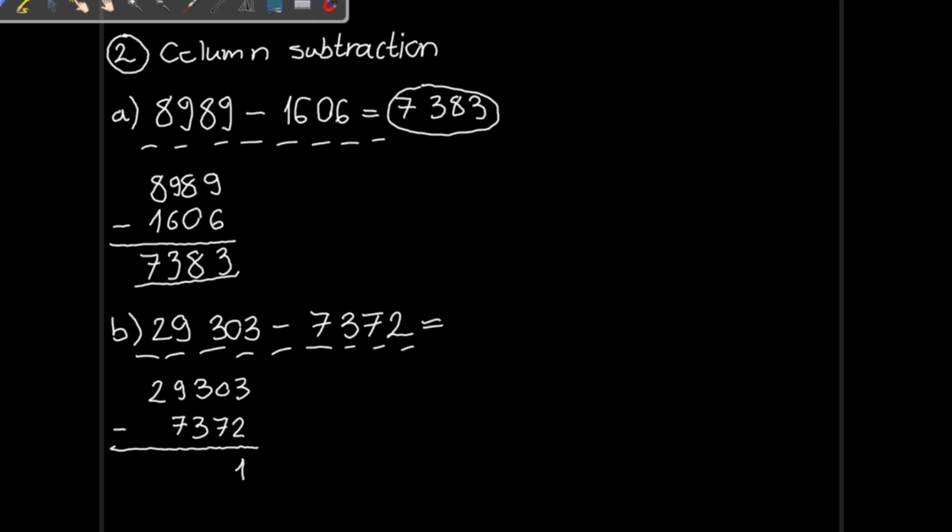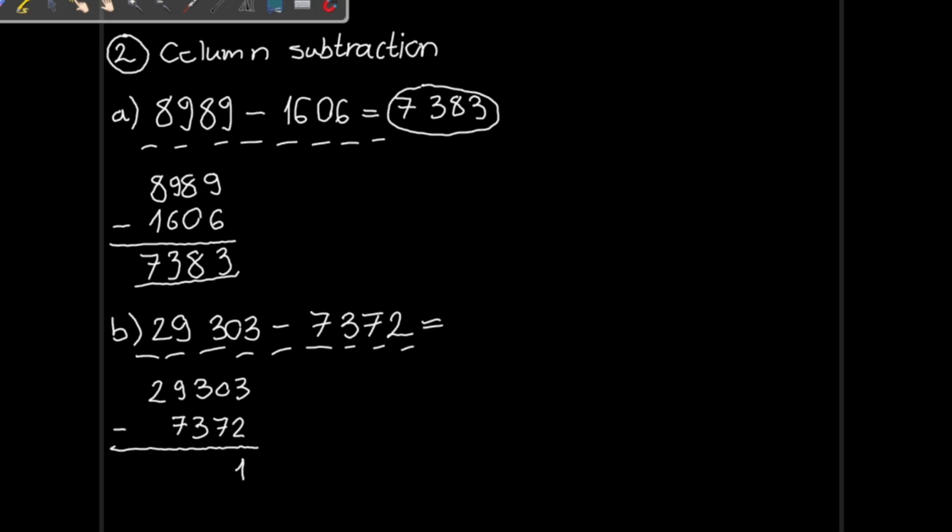Alright, let's go again. 3 minus 2 is 1. Now, there is a special case. As we see, this number is smaller than 7, so 0 is smaller than 7, and if we subtract 7 from 0, we will get a negative number, which is not a natural number, and that is a problem. So what we do here, we increase the top number by 10.